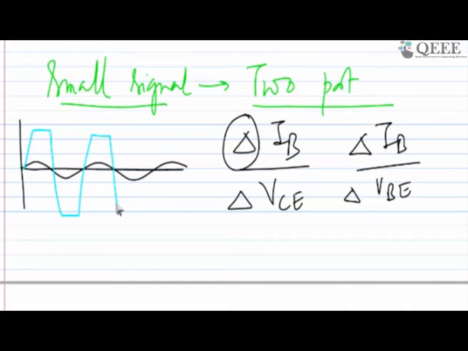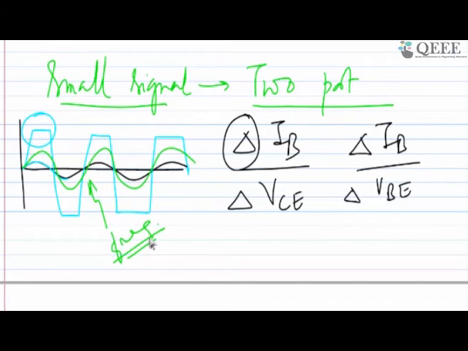It should not be saturated at the output. If this blue color is my output and it is getting saturated, then it's not a small signal. If I am giving a small signal, it is small enough that the output looks like this. When I am doing this, generally I'm applying a frequency.